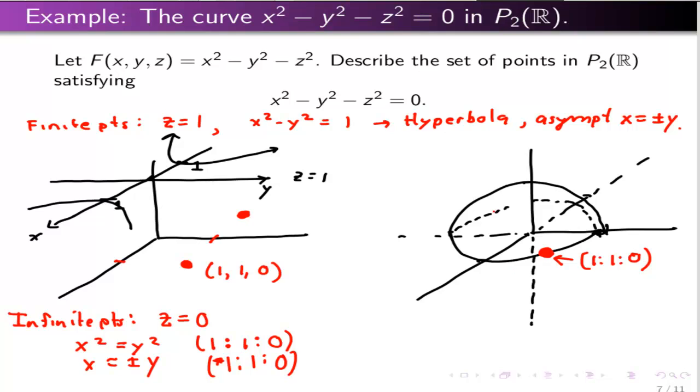And this also equals this point right here. This is also 1, 1, 0. And then we have negative 1, 1, 0 with these 2 points. Remember, those are the equal points in our projective model.